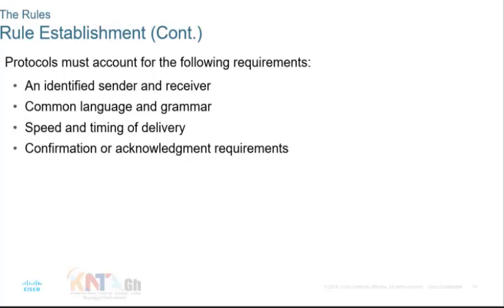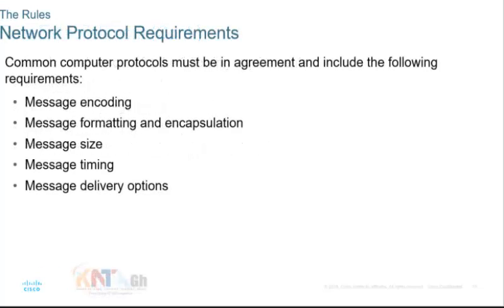Then the rules must also establish speed and timing of delivery. And then it must also establish confirmation or acknowledgement requirements. Common computer protocols must be in agreement and include the following requirements.